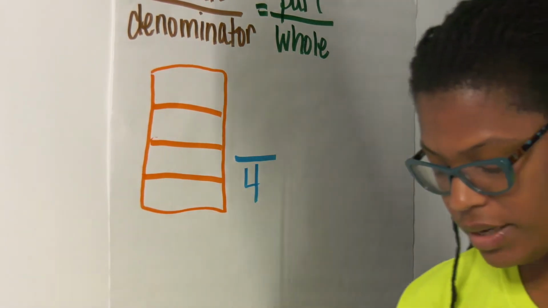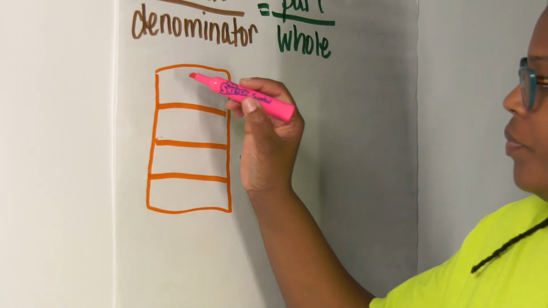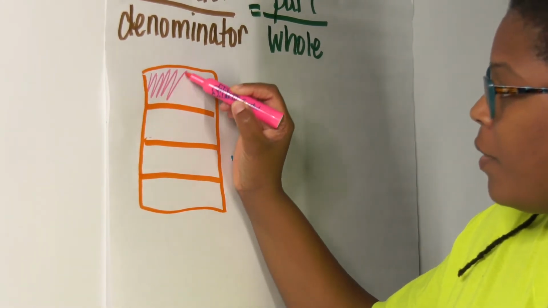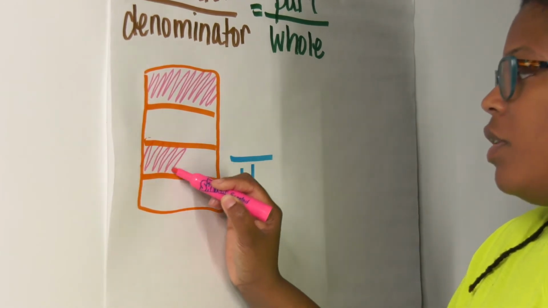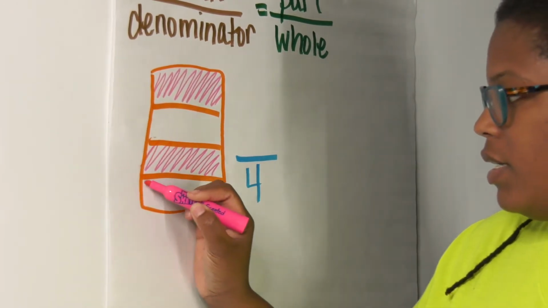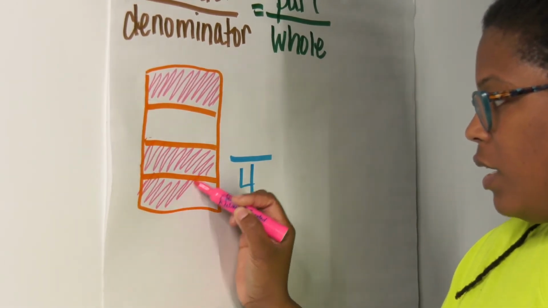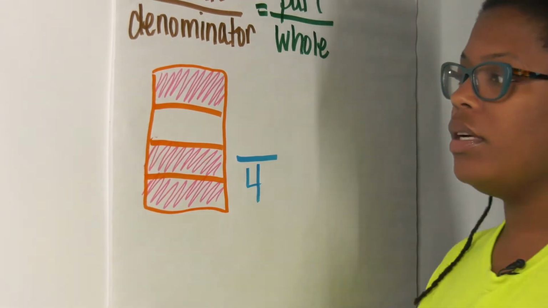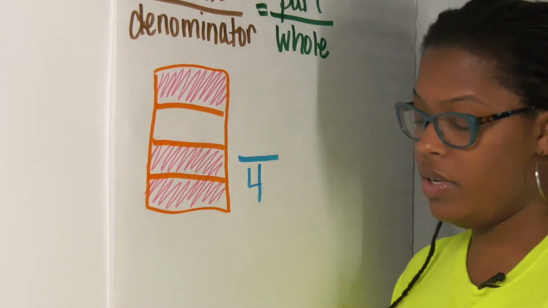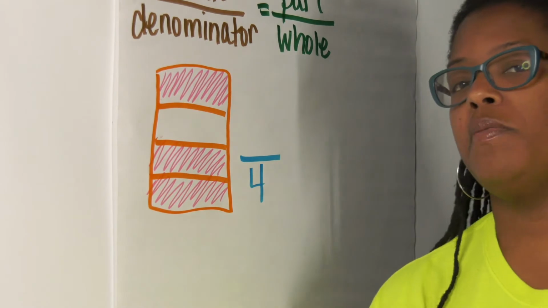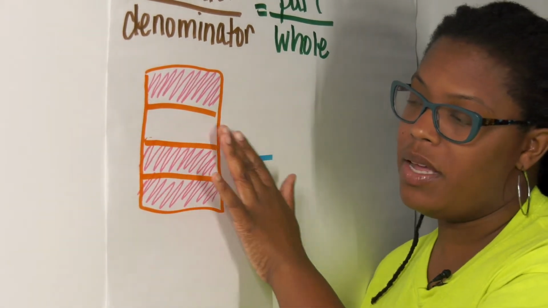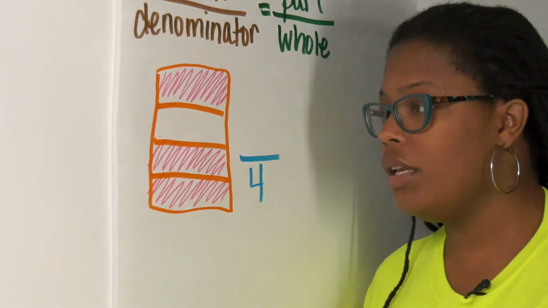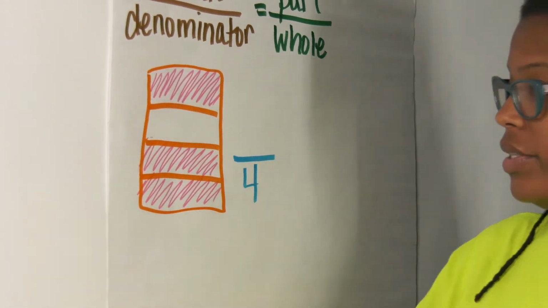Now, if I decided to shade, and I'm showing you like this because not necessarily will you see the shading being done consecutively in a row. So you may see an image where there's a spot that's missing shade. It doesn't mean anything. They just want you to pay attention.